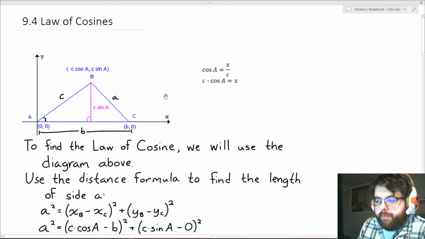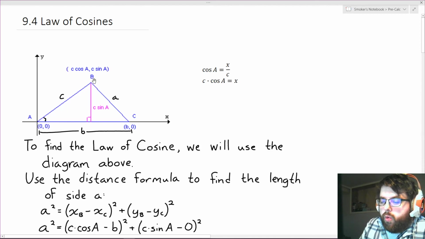Once we know what b is and what c is, so we know these ordered pairs, we can actually use the distance formula. Well, we don't know numerical values, but we have variable values for them.